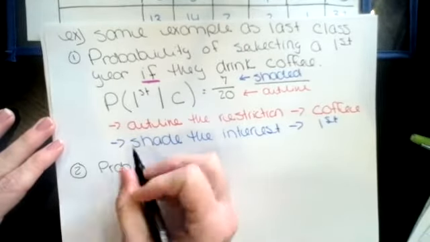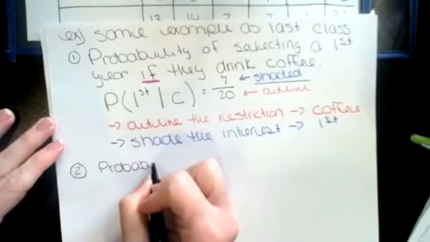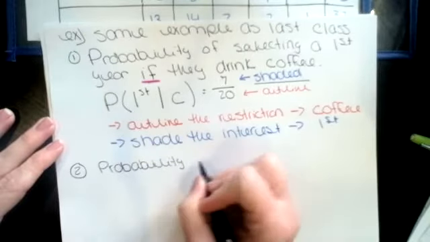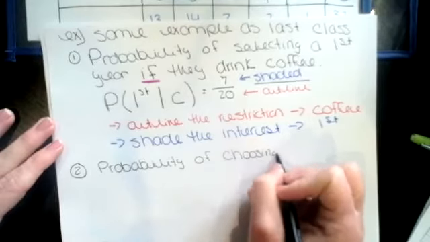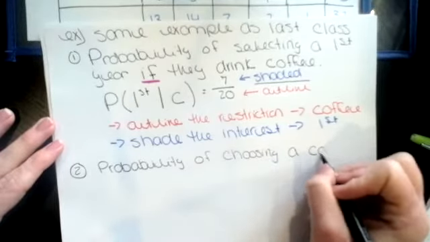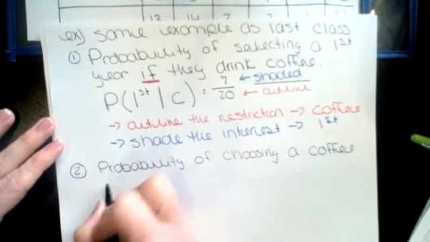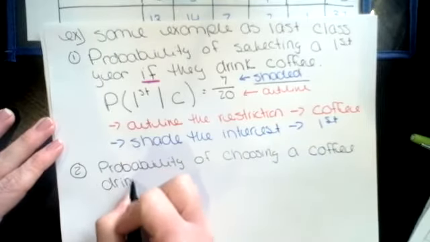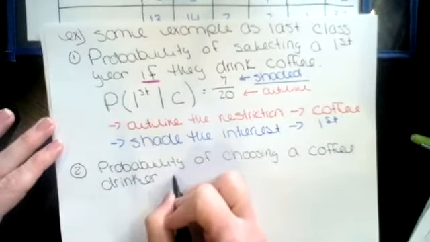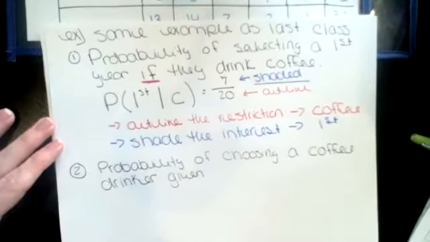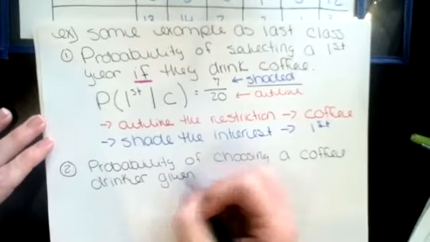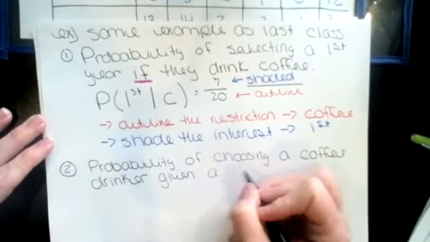So let's find the probability of choosing a coffee drinker given a third-year student.